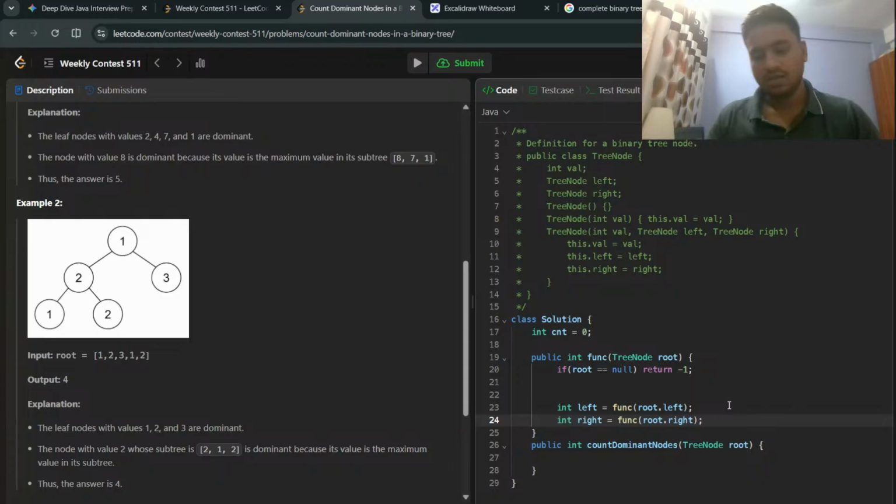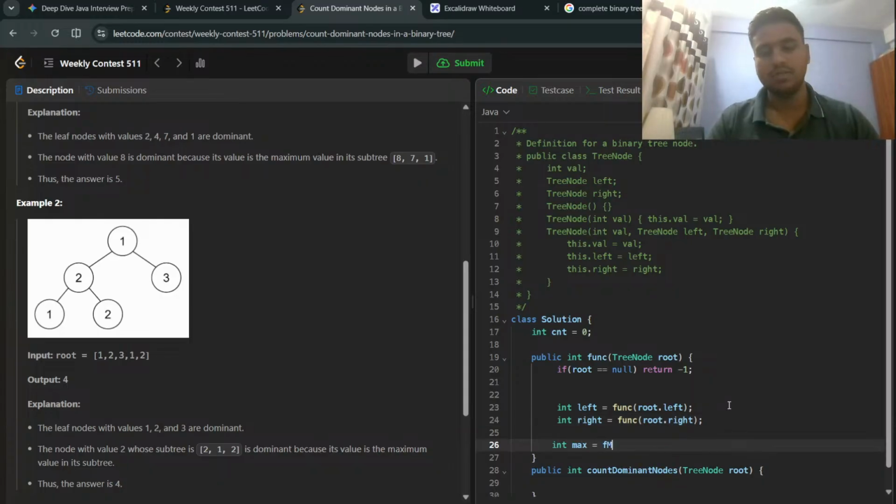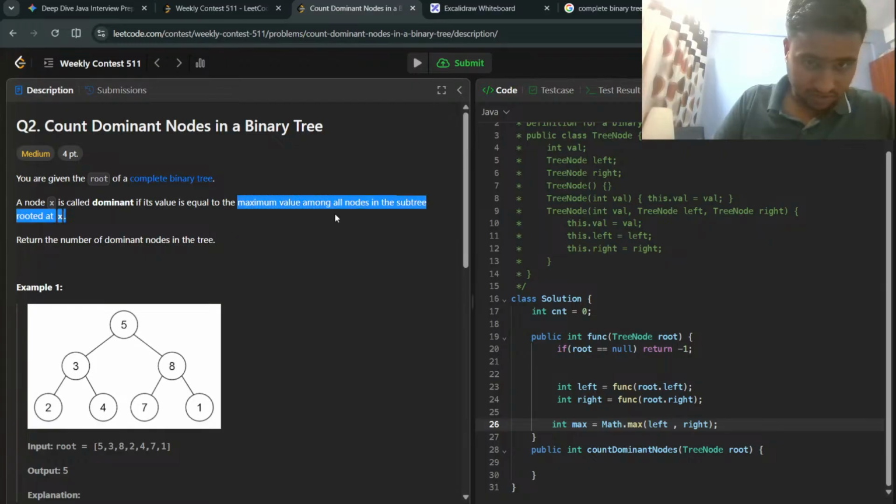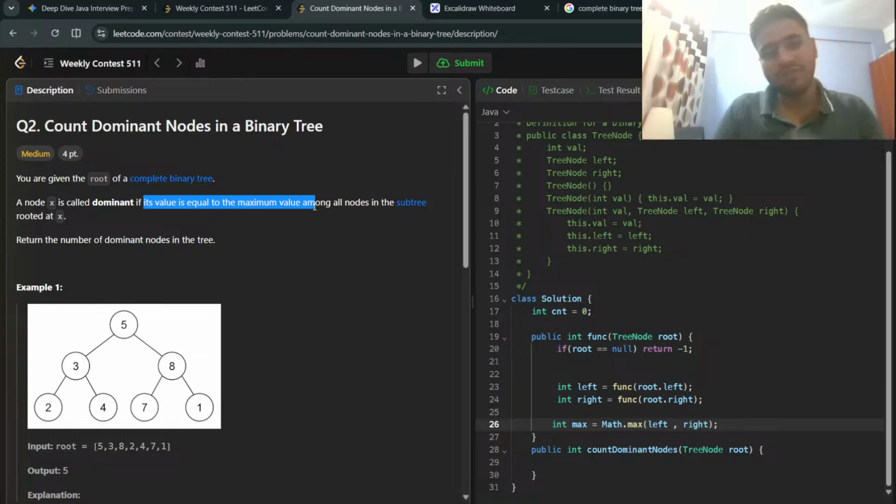int max is equal to Math.max of left comma right. Okay. So what is strictly greater: the maximum among all the nodes, equal to the maximum value if its value is equal to the maximum value among all the nodes in the subtree.